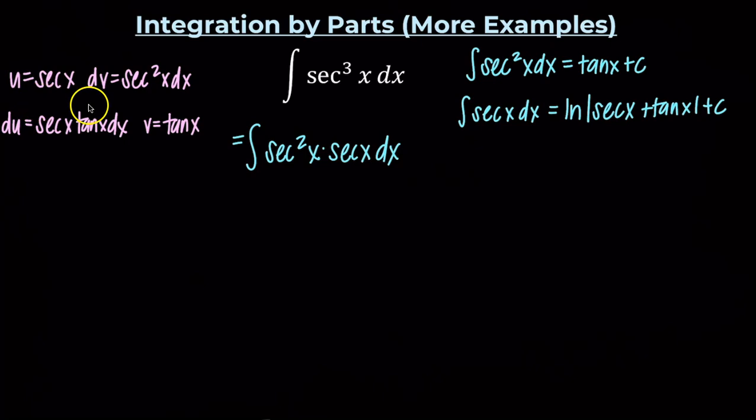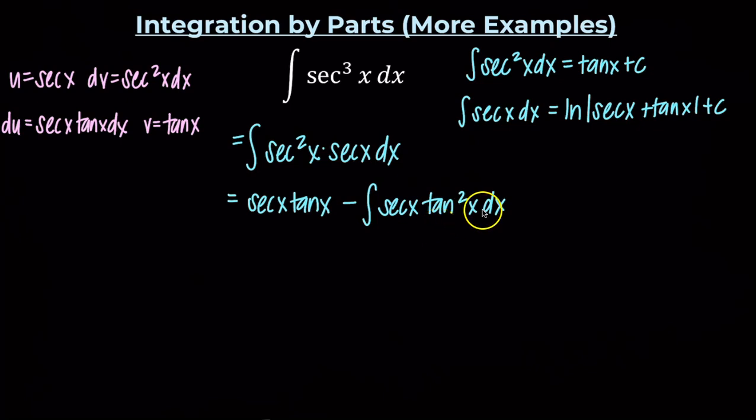Okay, so now we're going to go back to that traditional version of integration by parts where we multiply u times v and then minus the integral of v du. So this integral now, so far, is secant x tangent x minus the integral of, if I multiply these two together, secant x times tangent squared x dx.